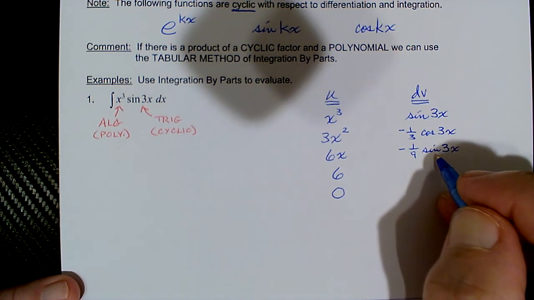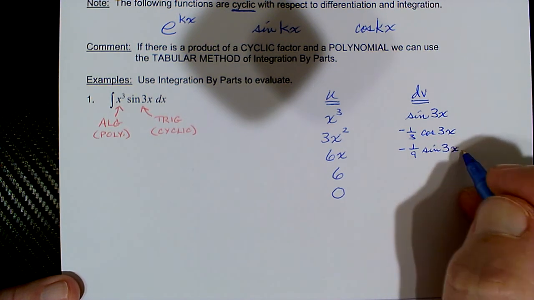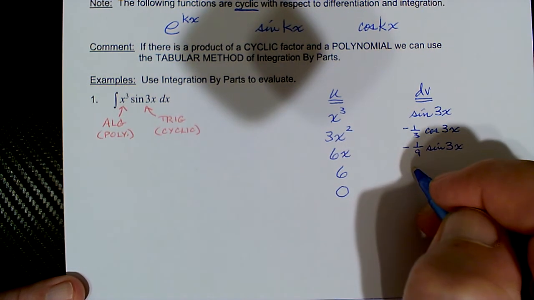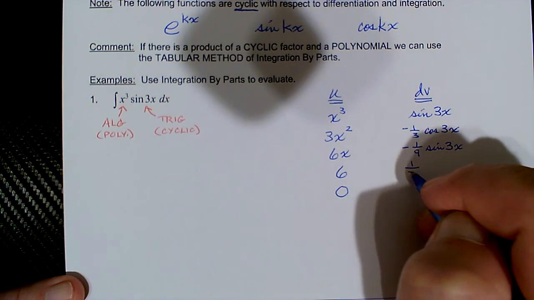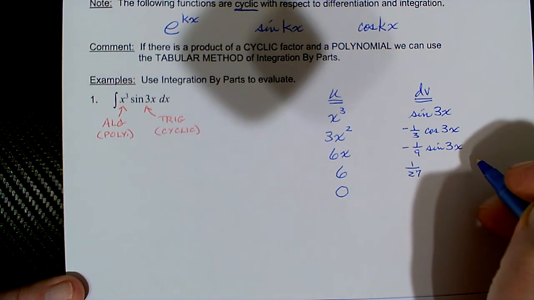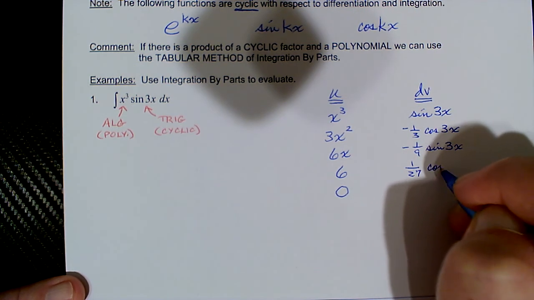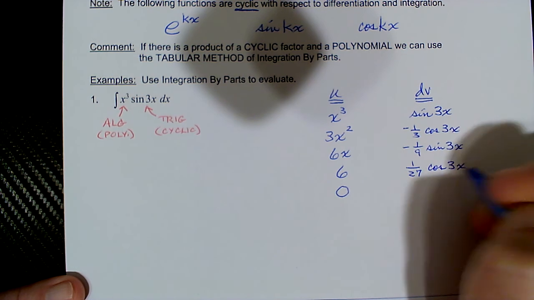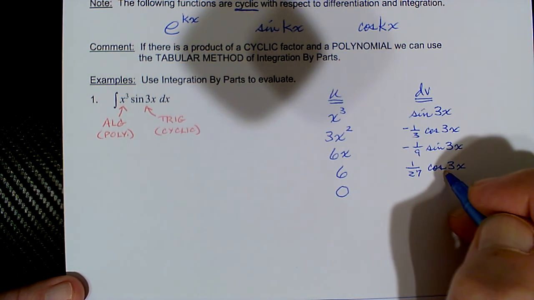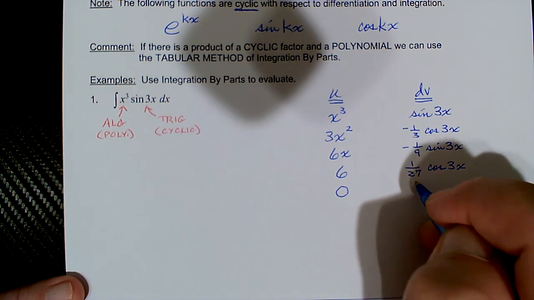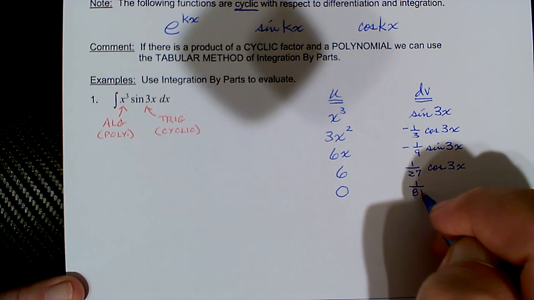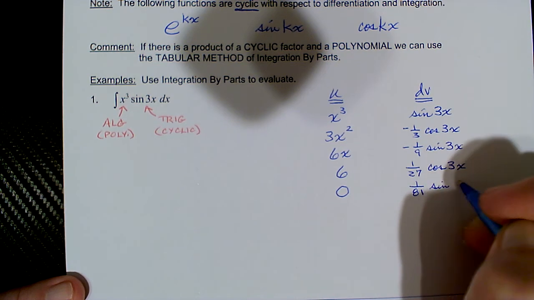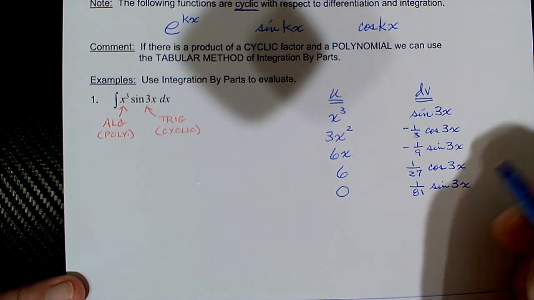Sine integrates to be negative cosine, another factor of 1/3, double negative makes positive, 1/3 times 1/9, 1/27 cosine 3x. And then finally integrating cosine, we get positive sine, another factor of 1/3, 1/81 sine of 3x.